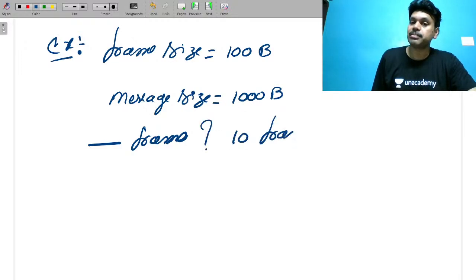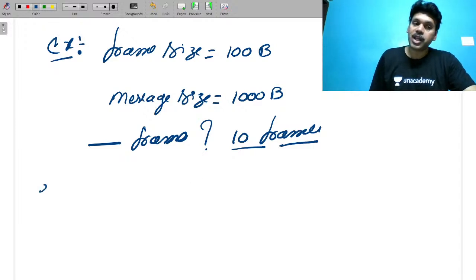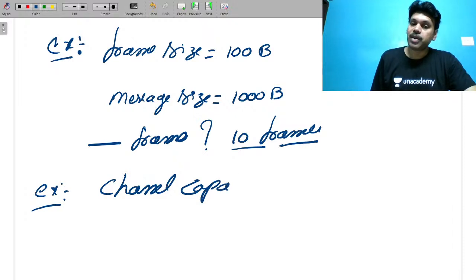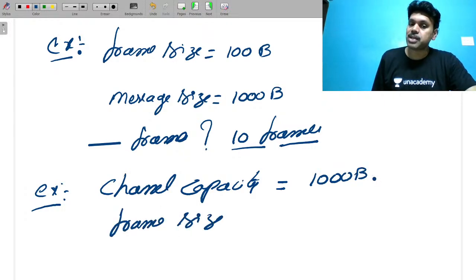So I am splitting it into 10 frames. Now look at another example. Channel capacity, your medium capacity is equal to, observe carefully, 1000 bytes, and my frame size is also 1000 bytes.